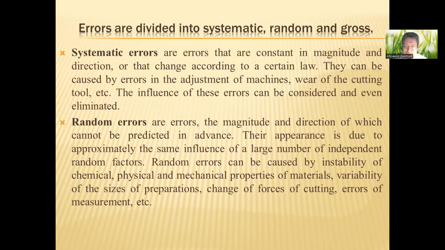Random errors can be caused by instability of chemical, physical, and mechanical properties of materials, variability of the sizes of preparations, change of force of cutting, errors of measurements, etc.